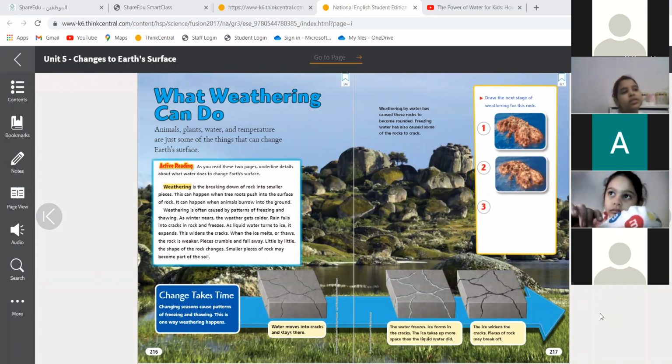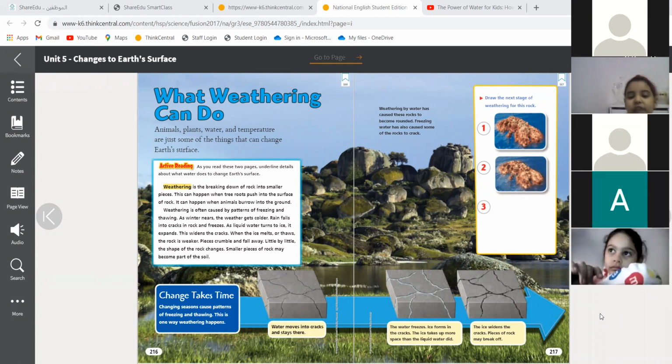You said beach waves, you said ocean waves. What else? Not a lake. I need a moving water. Can you tell me what kind of moving water can take away pieces of rocks and sand?